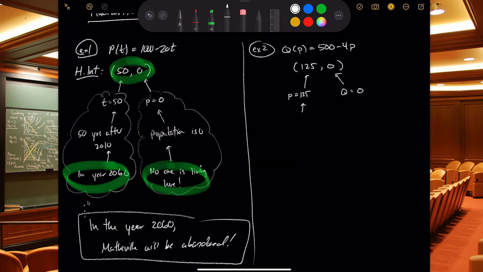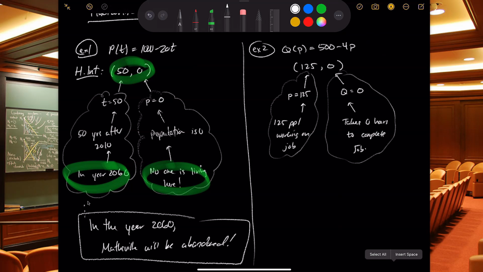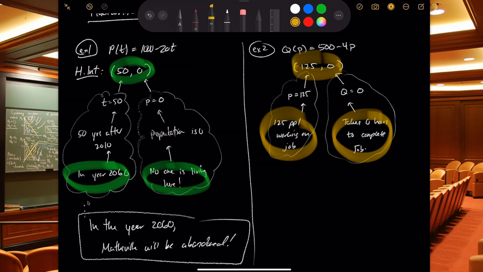Well, P equals 125 means that there's 125 people working on the job. And Q equals 0 means it takes 0 hours to complete the job. So this is what this value means, and this value means, and again, we're pairing this with these ideas.